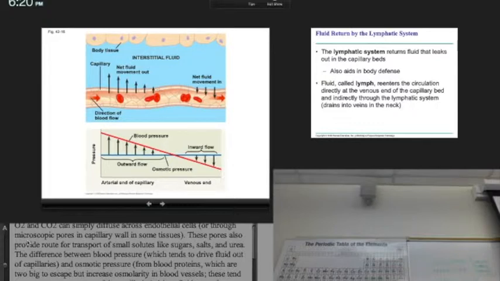So if there's enough pressure, you can push things against their concentration gradient, and that can be the case on this left-hand side, right? But as blood pressure goes down more onto the venous side, blood pressure is so low on that side that it actually facilitates diffusion of things back into the blood vessels.